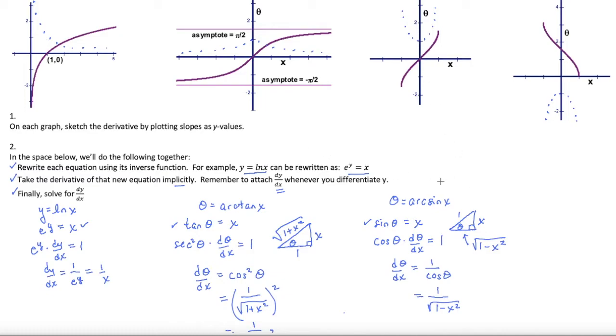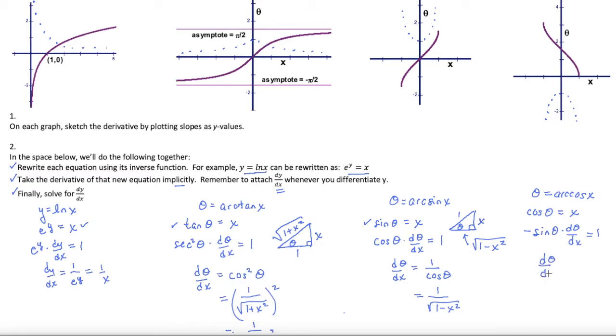And then finally, we'll do theta equals arccosine of x. So just like before, we're going to rewrite this equation. We're going to take the derivative of the equation. Again, the chain rule requires d theta dx, and then 1 on the right-hand side.